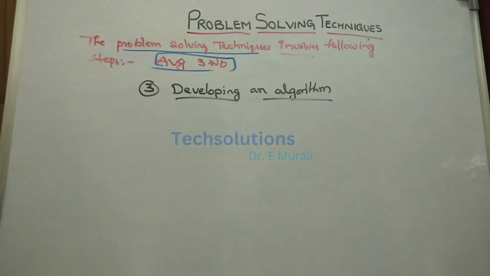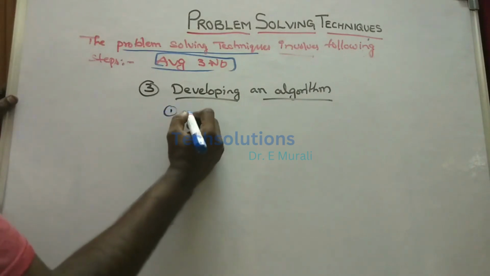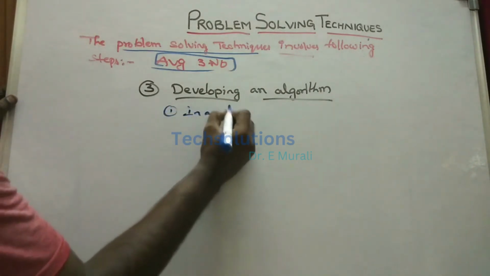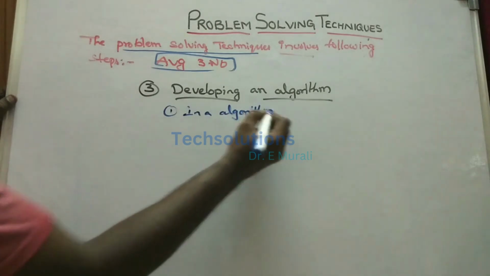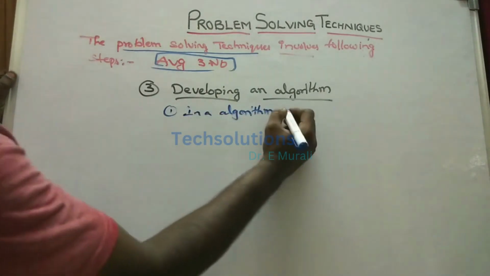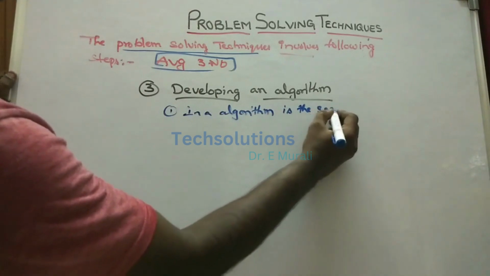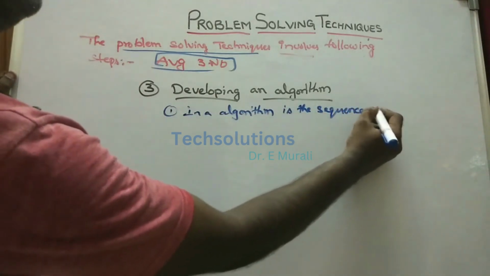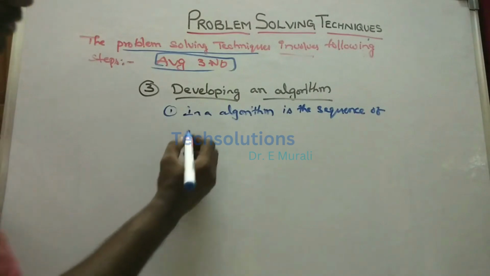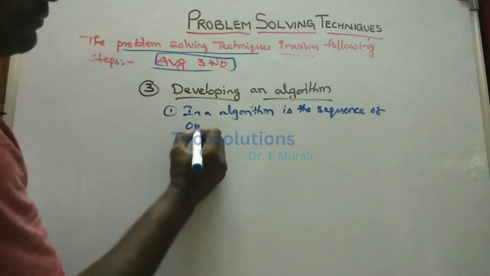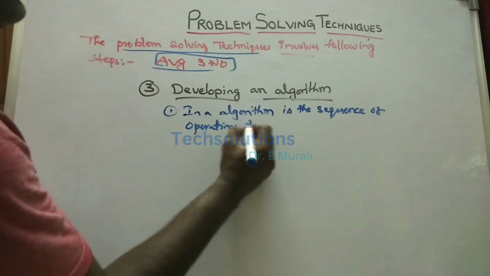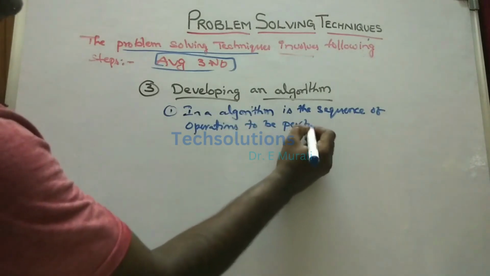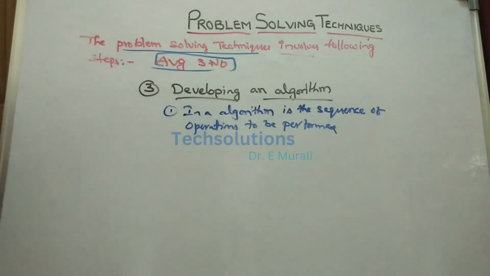An algorithm is nothing but a sequence of operations to be performed, and it gives the precise plan for the particular problem.